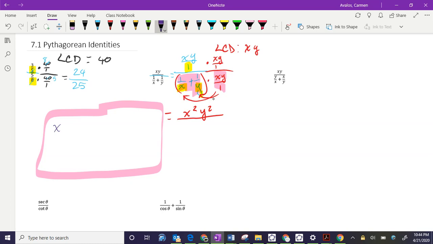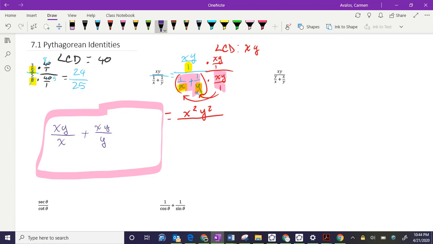So I'm going to take the xy and 1 over x. So it's numerator to numerator, because I'm distributing it, and then that x that belongs there, and then we have that plus, and then I distribute that again, and I'm going to get xy over, I'm sorry, over y, because it's numerator to numerator, so xy over y.